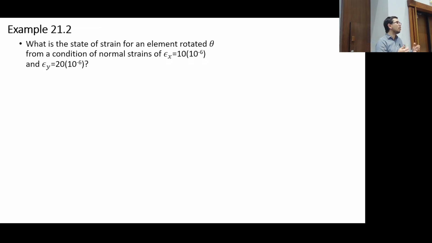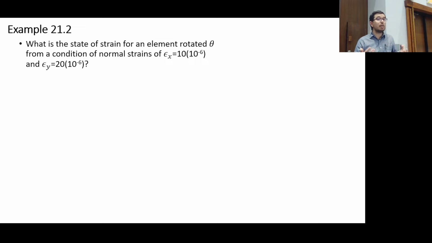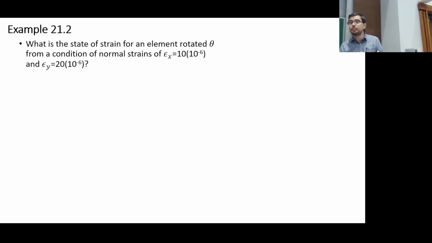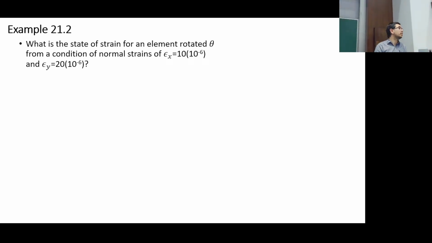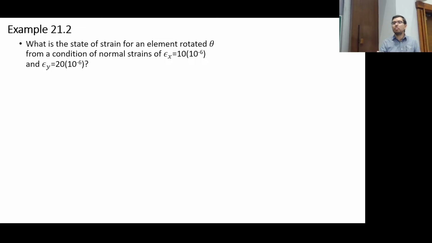Now, materials can also have a specified limit on their strain, the yield strain. It's not as common for a material provider to say, this is the yield strain for your material. But if you know the elastic modulus and you know the yield strength, you can figure out what the yield strain is going to be.